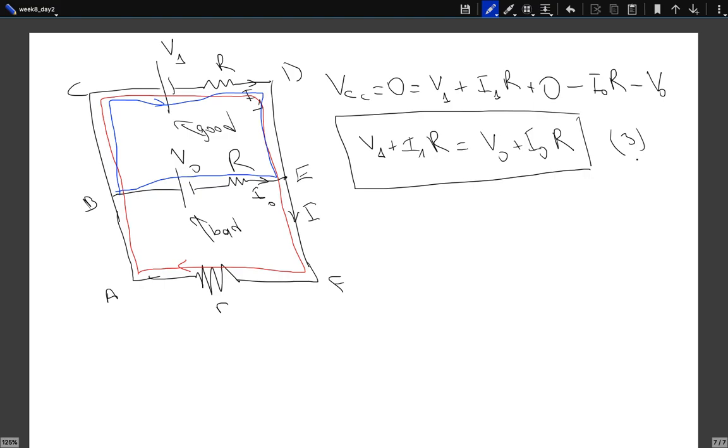So I had 3 unknowns. I don't know I0, I don't know I1, I don't know I. And now I have 3 equations to solve for them.